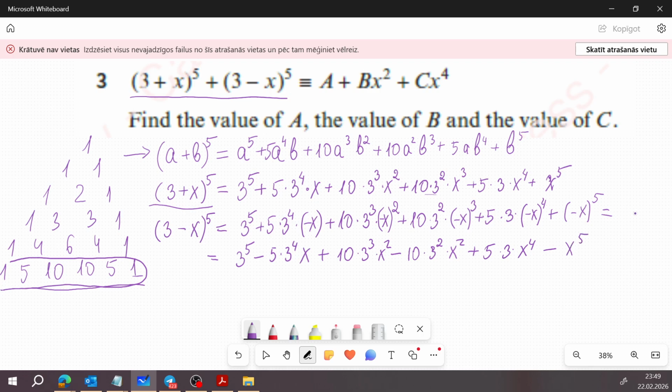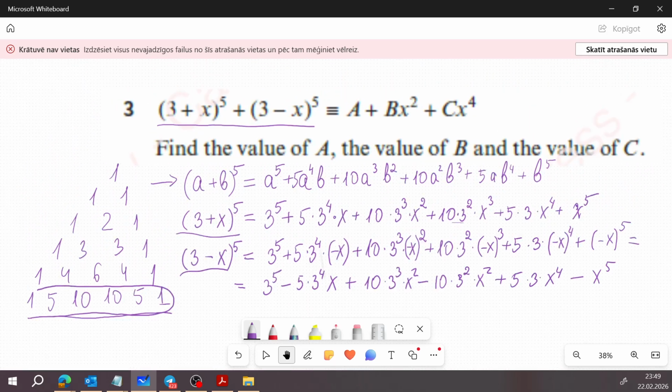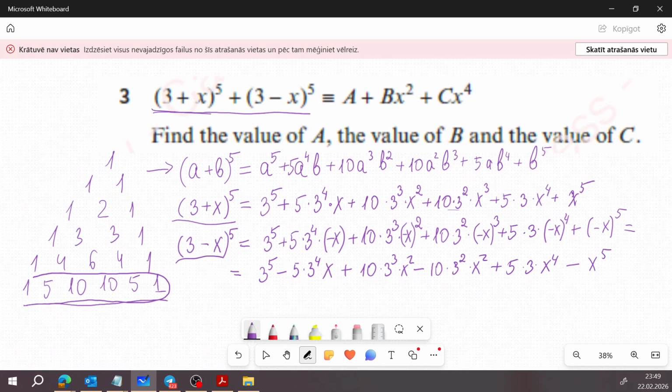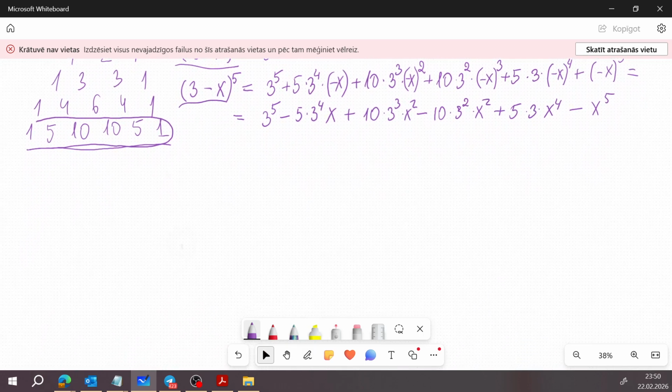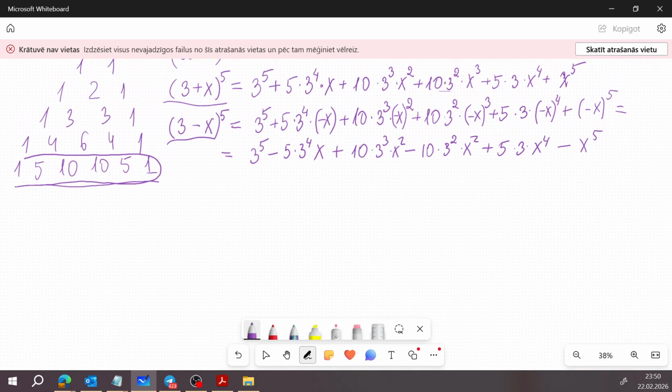So now we have two of the brackets, and you can see that they are put together here. We need to sum this and that. So this term will be put together with this term, and we can do it quite quickly.